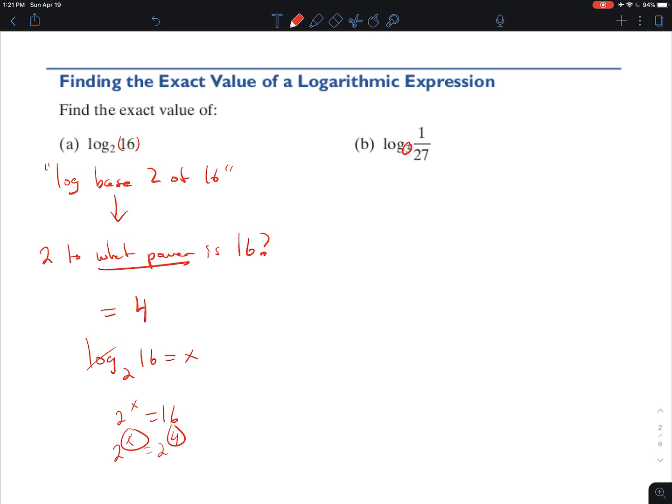So if it were log base 3 of 27, we'd say 3 to what power is 27? Well, that's 3. But it's the reciprocal of 27, 1 over 27. So this is 3 to the negative 3rd is equal to 1 over 27. So the answer to 3 to what power is 1 over 27? The answer is negative 3.